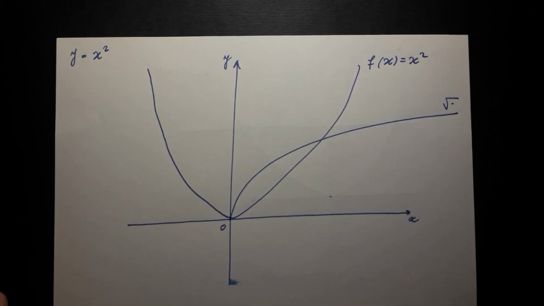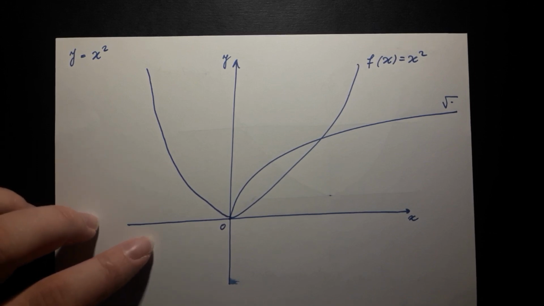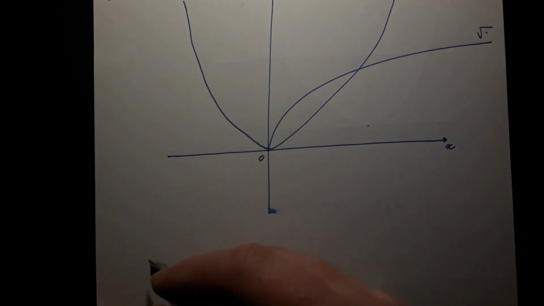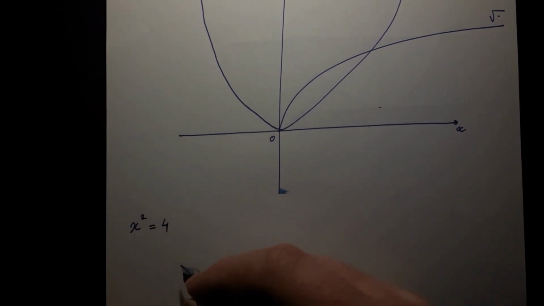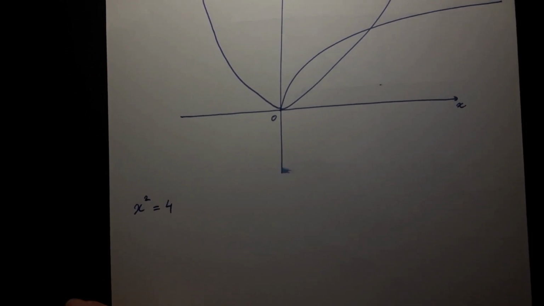We see that the square root function is defined only on the set of non-negative real numbers, which includes 0, and that the function f of x is equal to x squared is defined on the entire set of real numbers. Now, solving the equation x to the power 2 is equal to 4, with everything previously said in mind, will look like this.